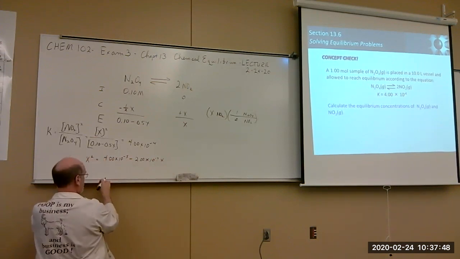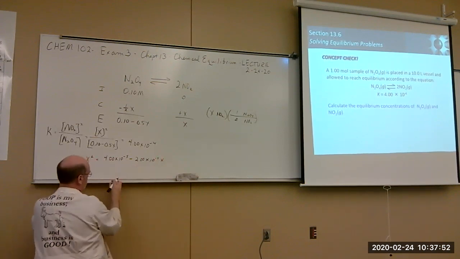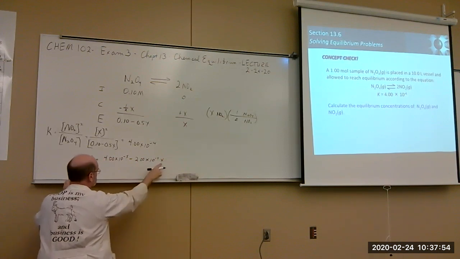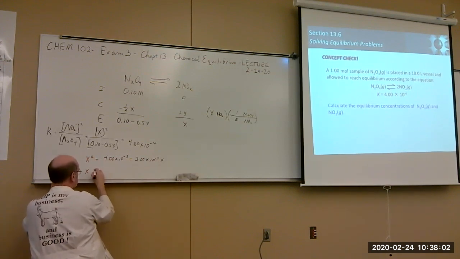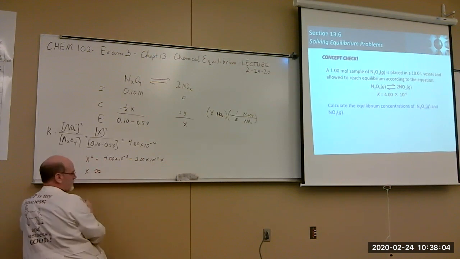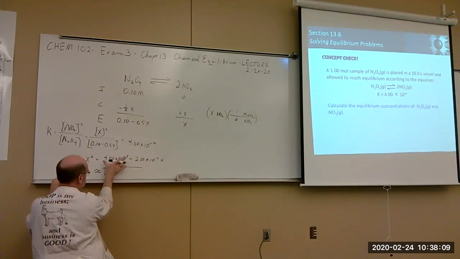Okay. Now, if x is really small, then we should be able to say that x is 0, and that term goes out. And then x, we know what that means, approximately. X then would be the square root of just this term.